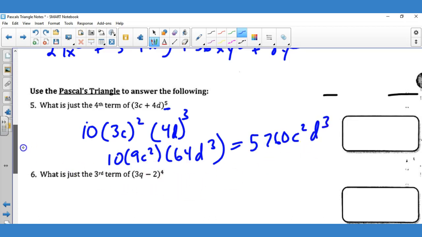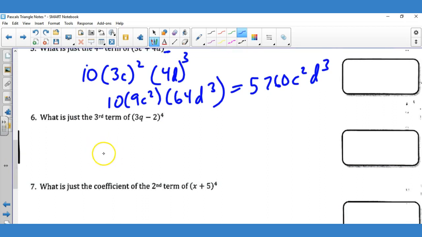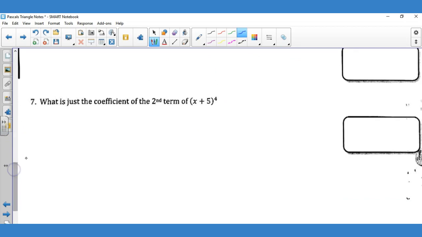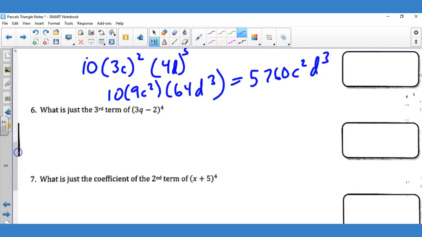All right. Right here, what's the 3rd term? Well, the third term, I would just expand it out, figure out my third term. And then right here, let's do it. So we have to the fourth.